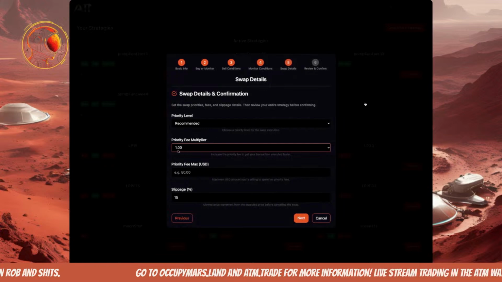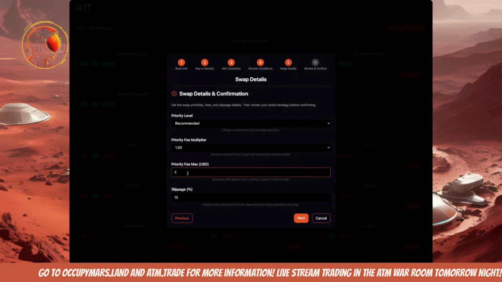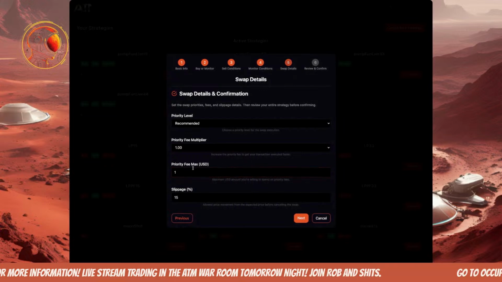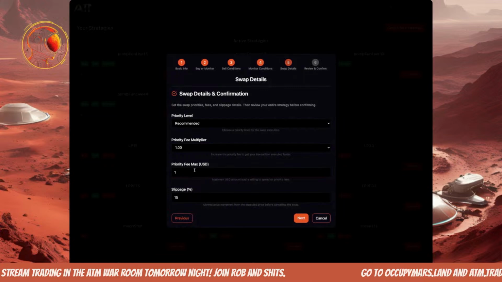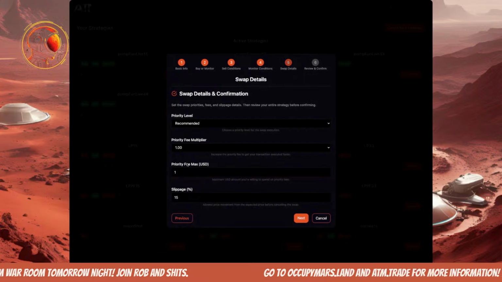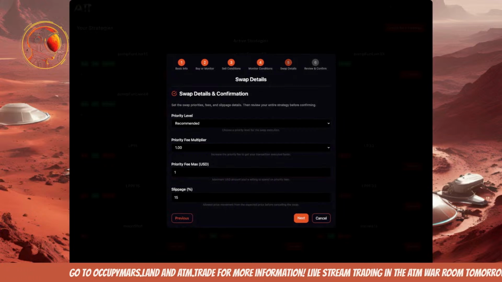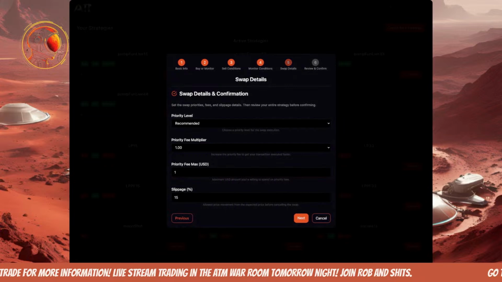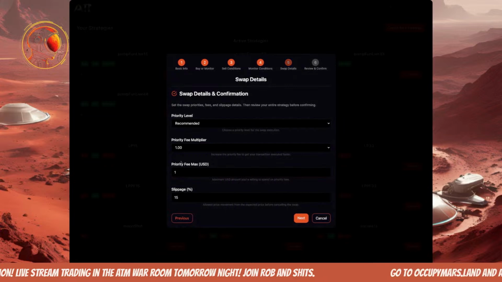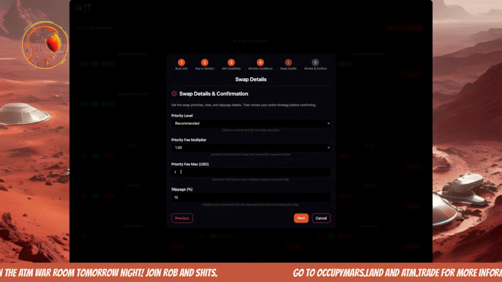I find that no multiplier is just fine. Max priority, I usually set it to $1. I'm not going to pay more than $1 on a priority fee, so it won't use $1. That's just the max. Priority fees fluctuate just like that price chart that you saw, and it all depends on what other people are paying at the moment in time for priority fee.